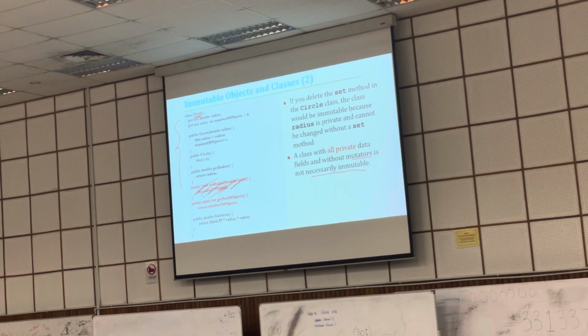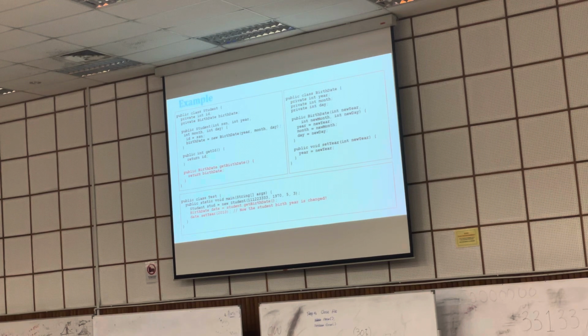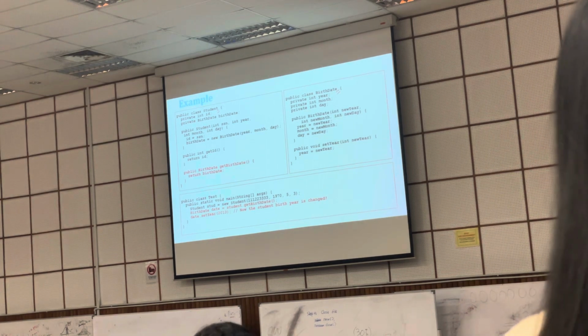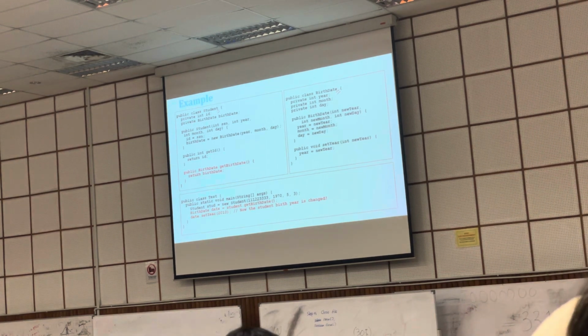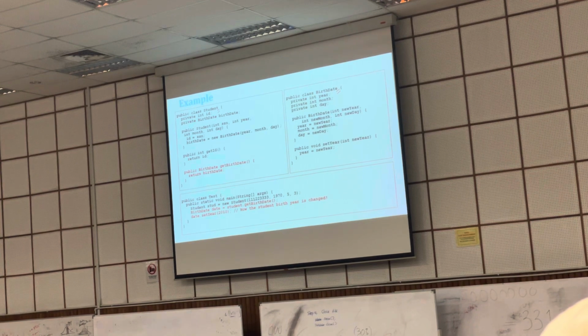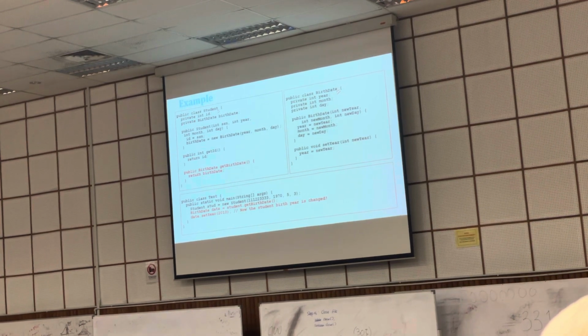Not necessarily. Okay, you see this example. I have a student class, I have a birth date also. In the birth date, I have year, month and day, and I have a birth date constructor and also set year. Here in the student, I have get ID and I don't have a set method and everything. Just get the birth date only.